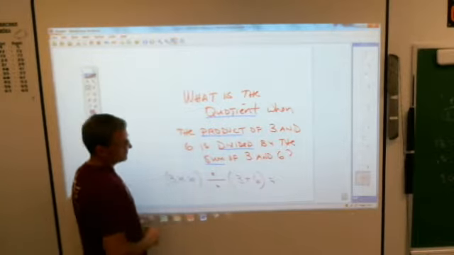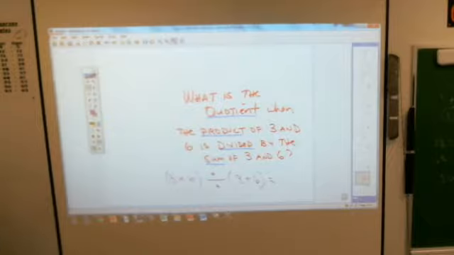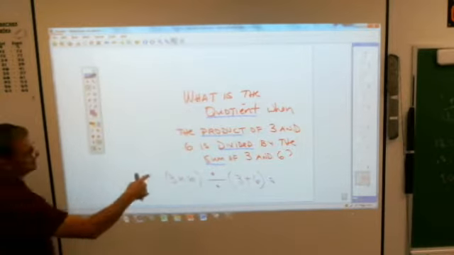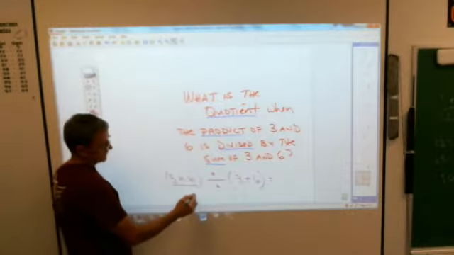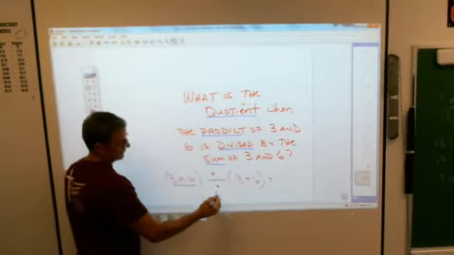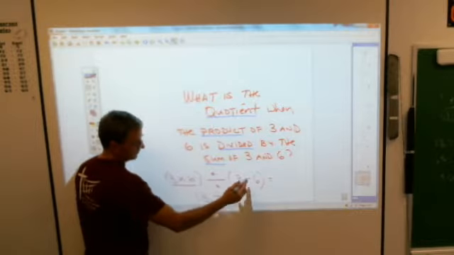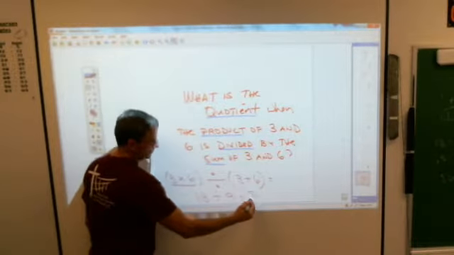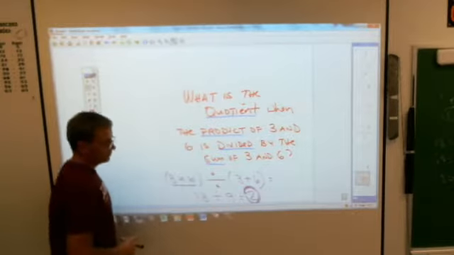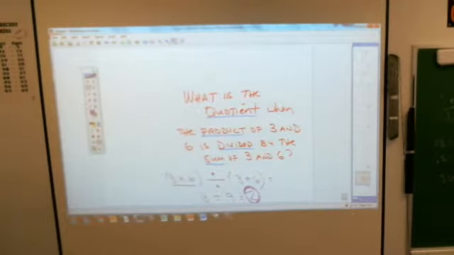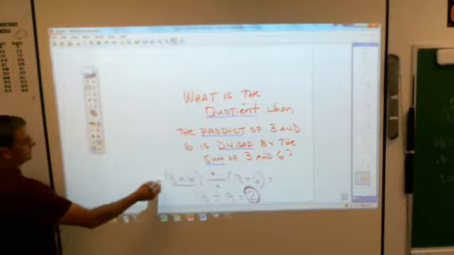That is what I should see on your paper. You're dividing a product by a sum. 3 times 6 is 18. 18 divided by 9, 3 plus 6 is 9, gives you 2. And that would be your quotient. This part here, I should see.